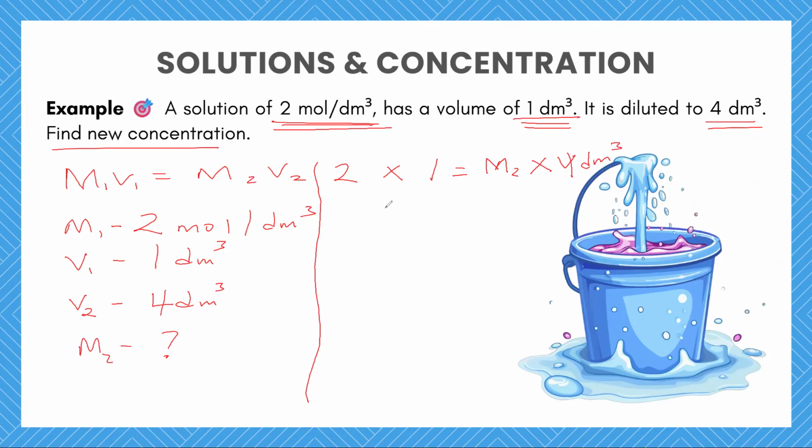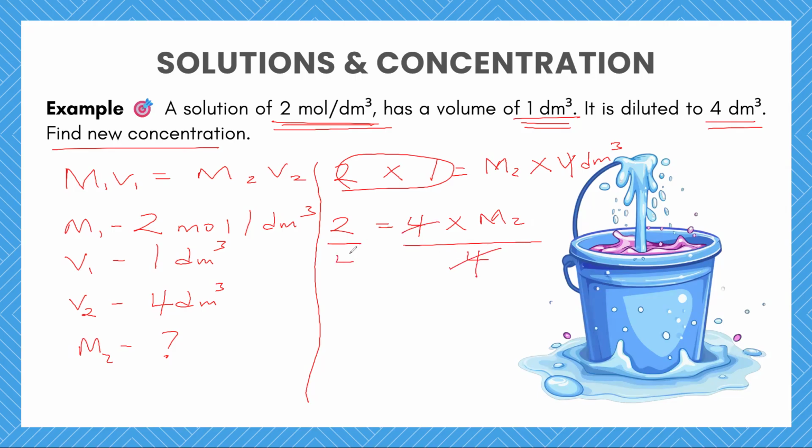Can you see how everything is playing out now? So we have 2 multiplied by 1, that gives us 2. This is equal to 4 multiplied by M2. So what do we do at this point? We simply make M2, which is what we're looking for, stand alone. You do that by dividing both sides by 4. So 4 cancels 4.